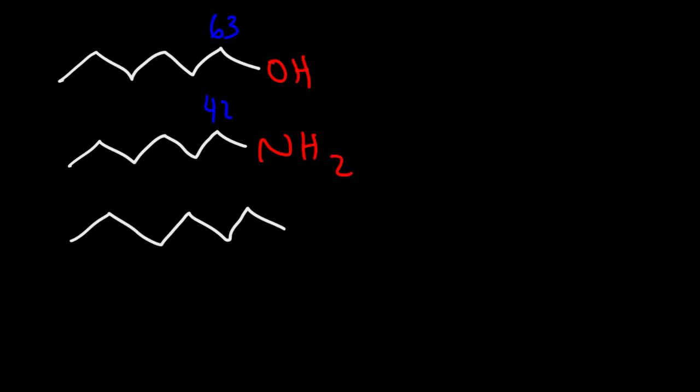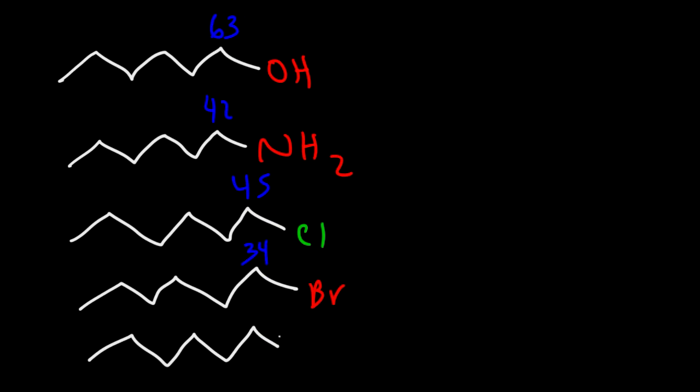Now let's compare that to 1-chlorohexane. The chemical shift for that carbon with the Cl is 45. And then for 1-bromohexane, the chemical shift is 34. And finally, for 1-iodohexane, the chemical shift is very, very low. It's 7. And we could see why that's the case.